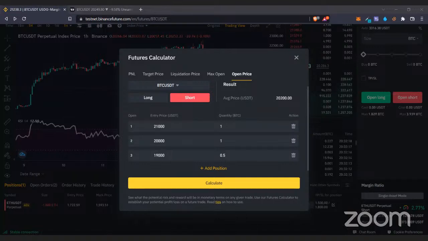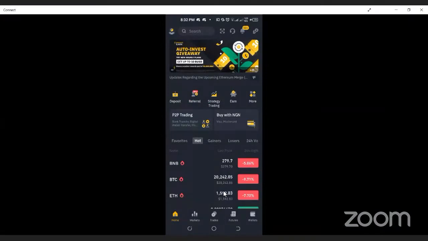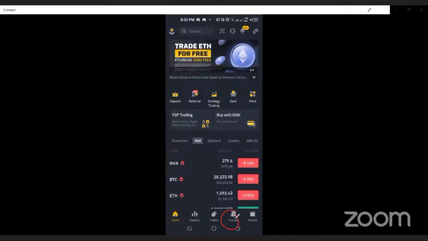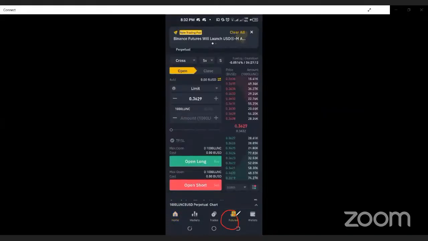So I'm sharing the phone screen, which is this one. Okay. So once you come in here to the app, the first thing you need to do is to go to the features. Okay. So you go to features. All right. Once you click on features, and then the next thing you want to do is the calculator. Let me remove this out of the screen.